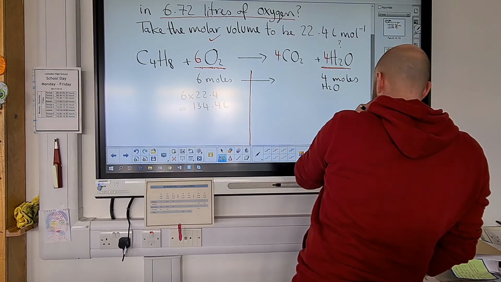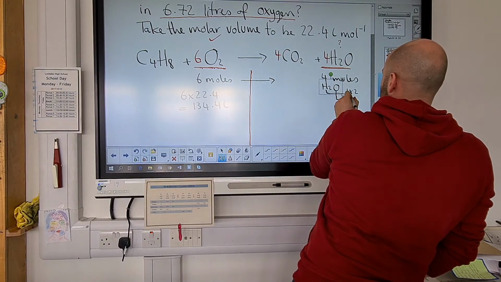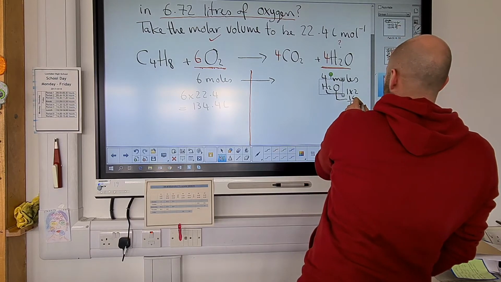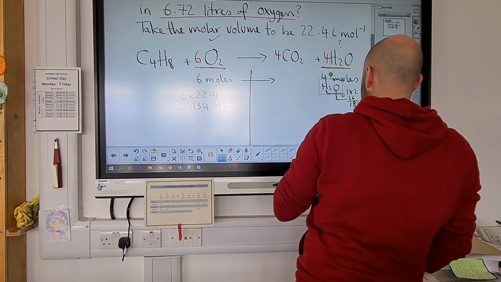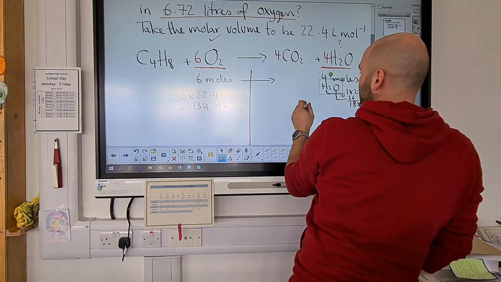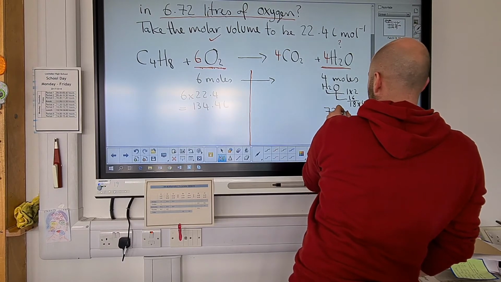So H2O, hydrogen weighs 1, and we have 2 of these. Oxygen weighs 16, so a total of 18. 18 times 4, as we've got 4 moles of H2O, comes to 72 grams.